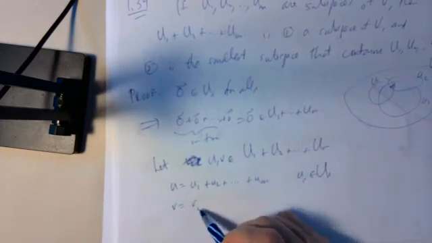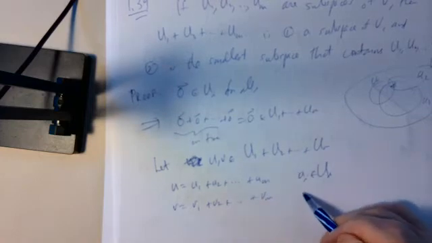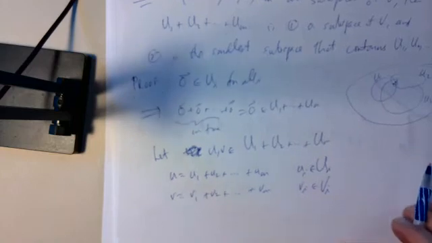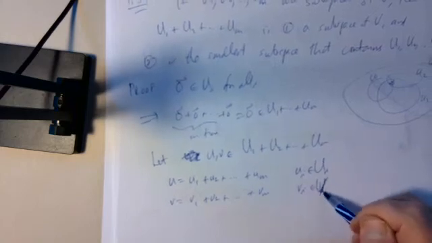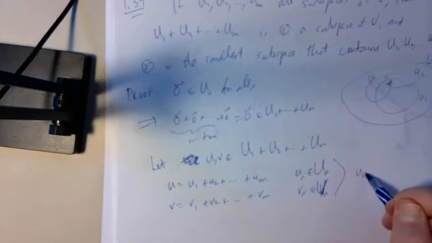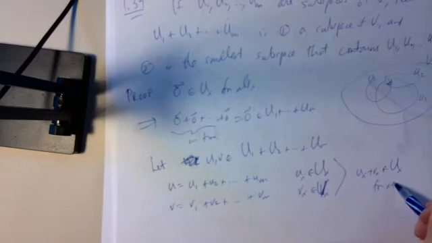And v is a sum v1 plus v2 up to v sub m, where each v sub i is in the subspace U sub i. Sorry, they're all in U sub i. But this means that u sub i plus v sub i is also in U sub i for all i.